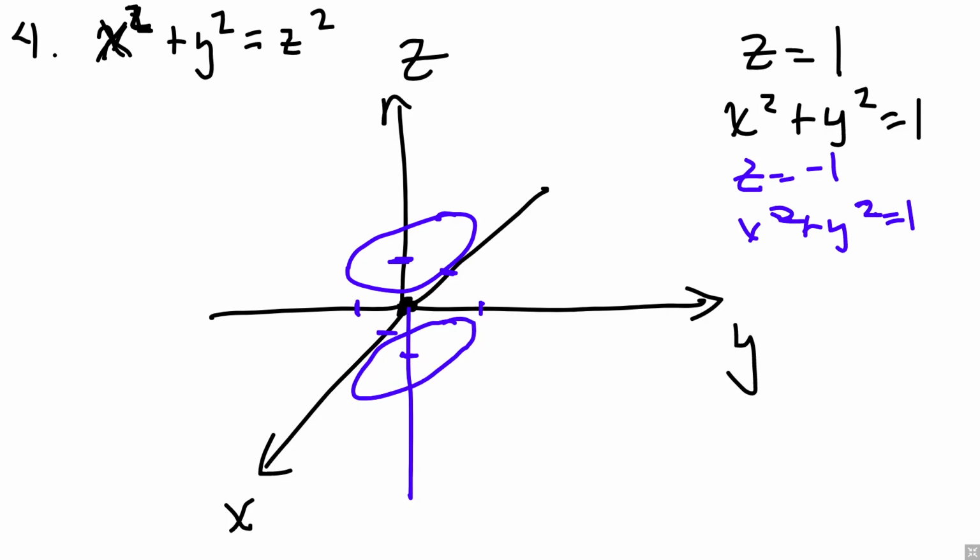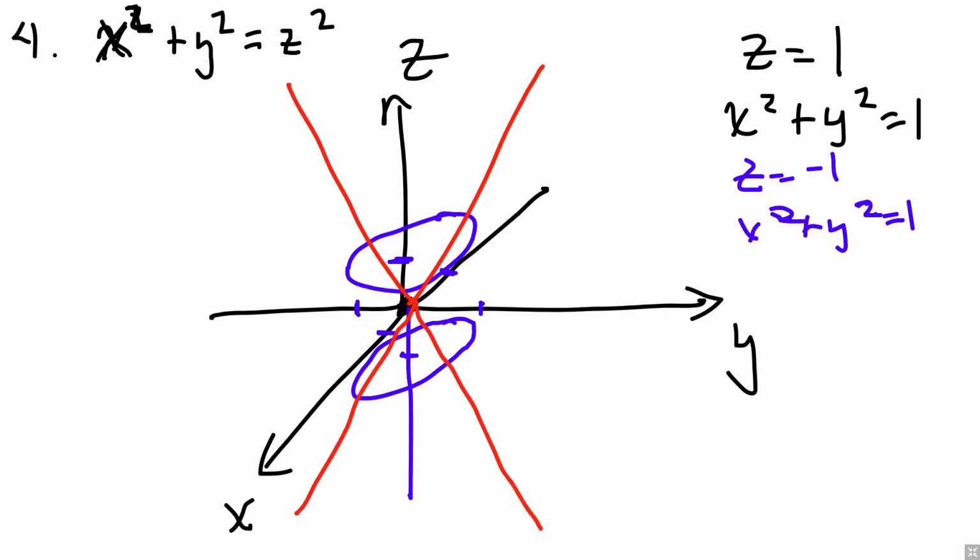Now, what's going to happen here, and my circles are kind of off, but essentially what's going to happen is that as z gets larger, I'm basically going to have a set of concentric circles going along the z-axis. So I'm going to have a set of concentric circles going up, and then the same set going down, okay? And it would have been better if I put these in.